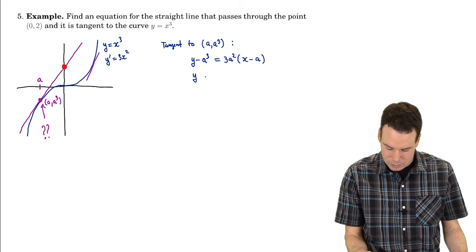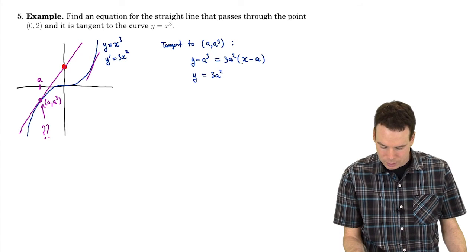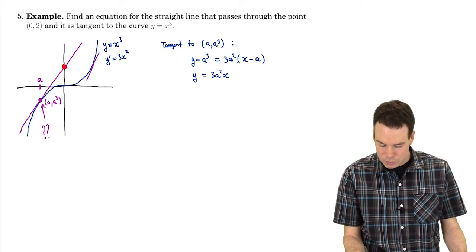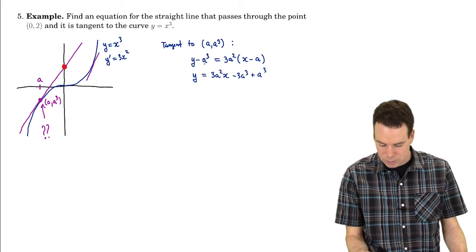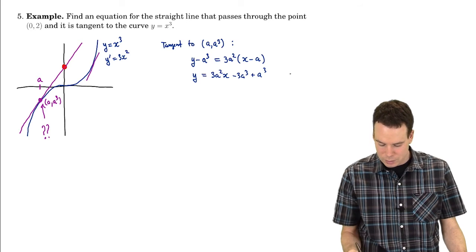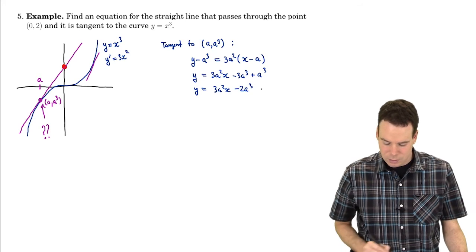What we want to do then is massage it into a form that's a little bit easier to deal with. So 3a squared times x, 3a squared times negative a is negative 3a cubed, plus the a cubed that I get from moving this minus a cubed from one side to the other, tells me then that my equation of my tangent line is y = 3a squared x minus 2a cubed.